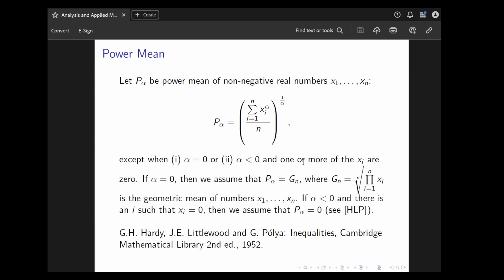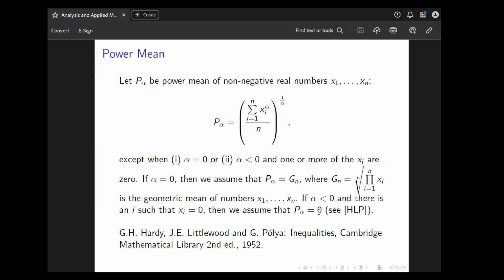In those cases, if at least one of the xi is equal to 0 and alpha is negative, then we assume that P alpha is just 0.